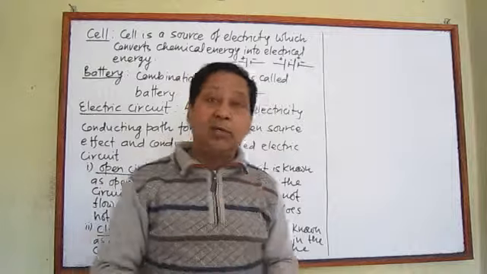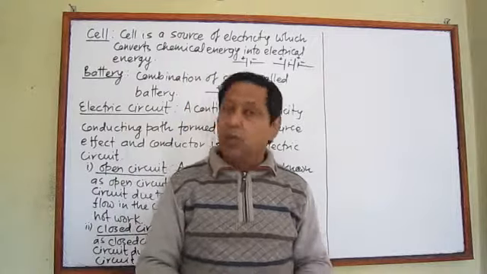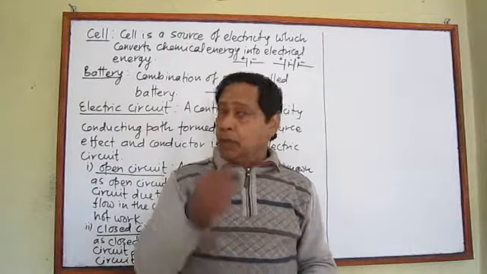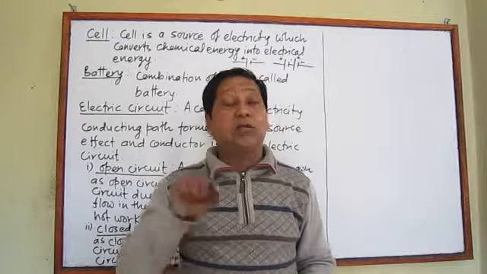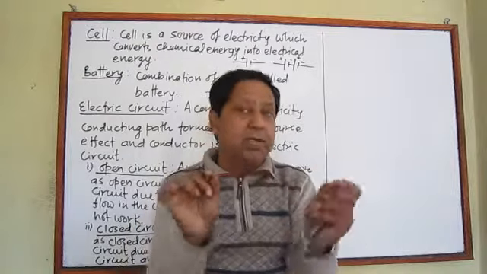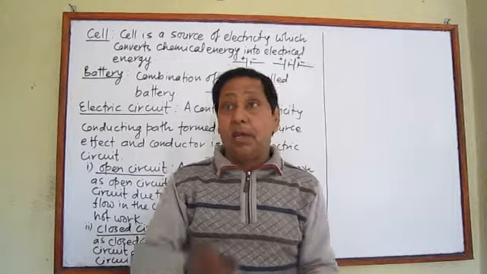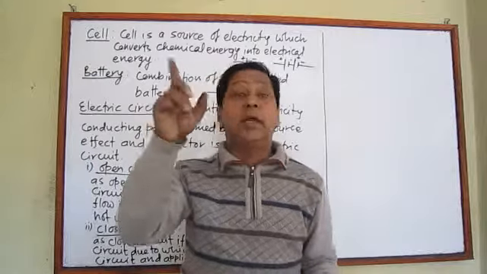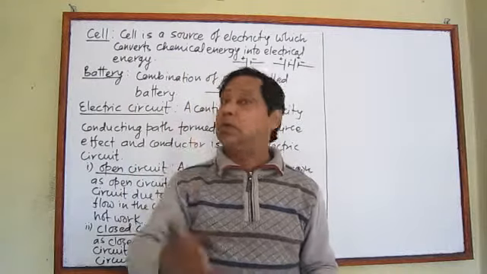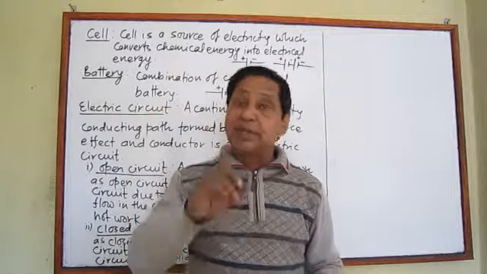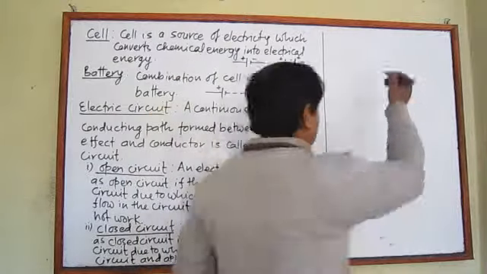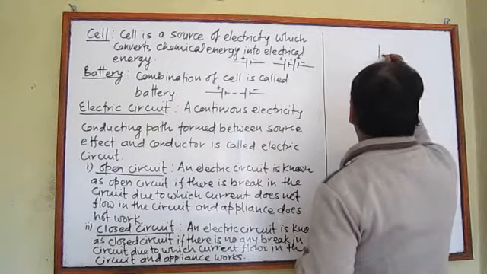Now let's talk about the electric circuit. What does electric circuit mean? When a cell is connected to a bulb by means of a conducting wire, then the bulb glows. Then what happened here? A continuous electricity conducting path is formed between the source, effect and conductor. It can be represented this way. This is a cell.